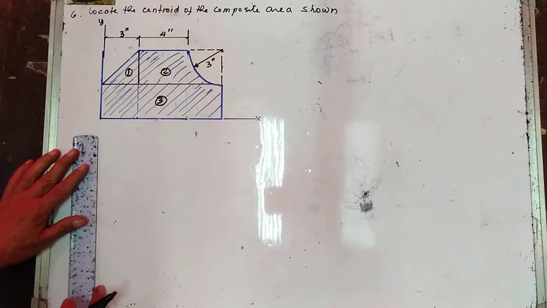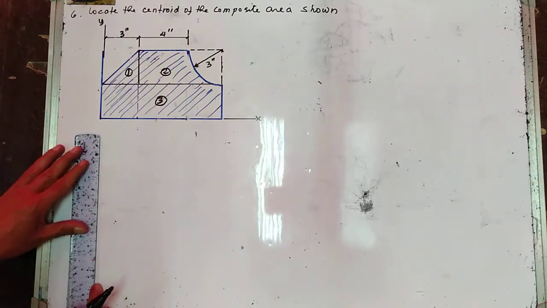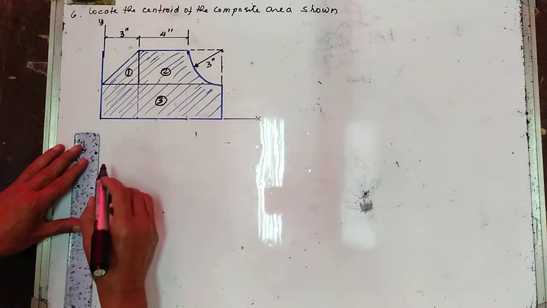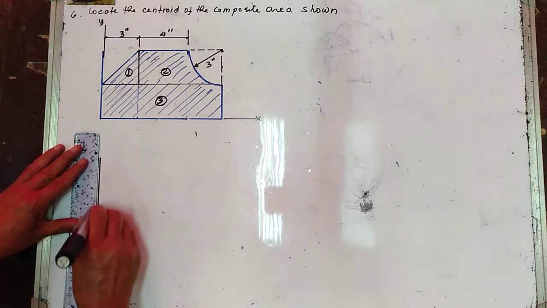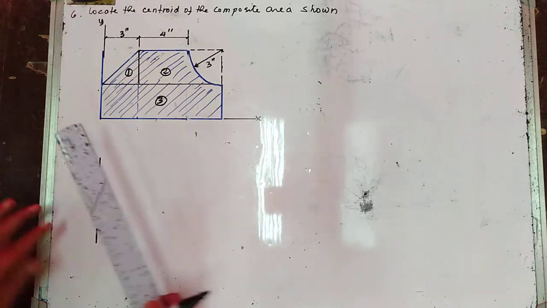So let's try to consider the first area. So this is the x-axis and y-axis.